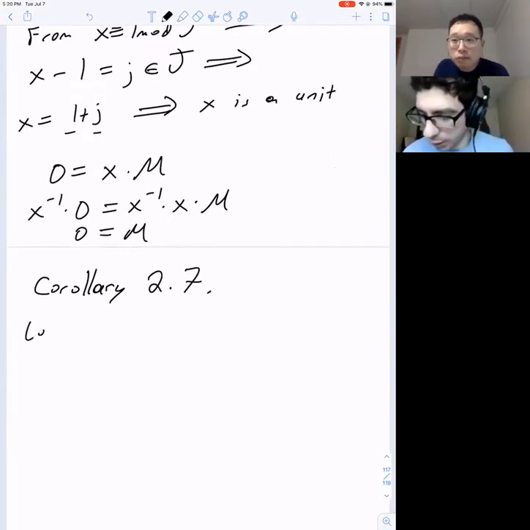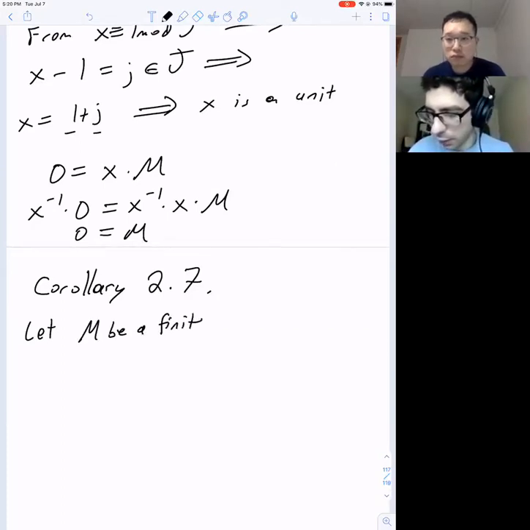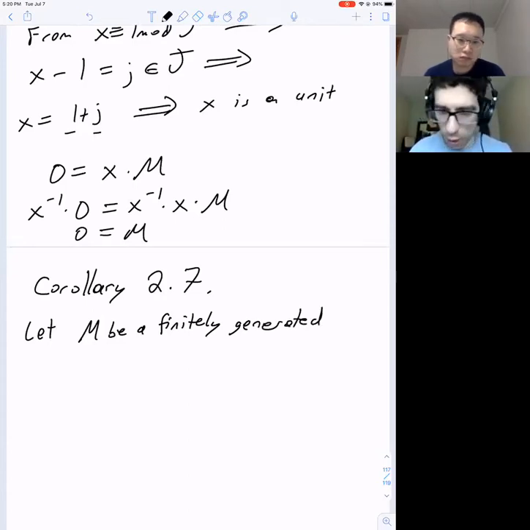Okay, so let M be a finitely generated A-module.